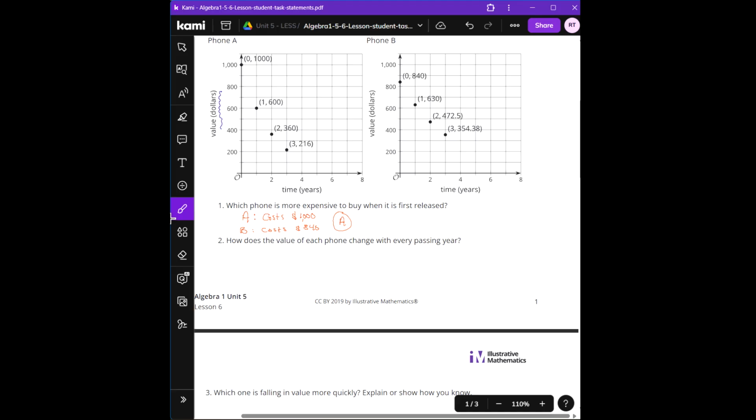So it looks like A is depreciating more quickly than B. So that's all we need to put for that one.